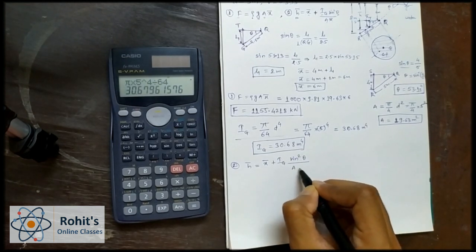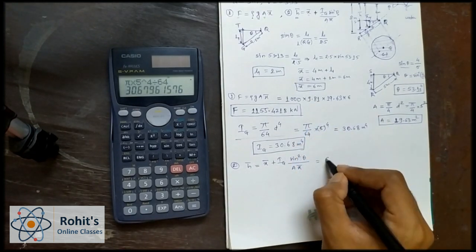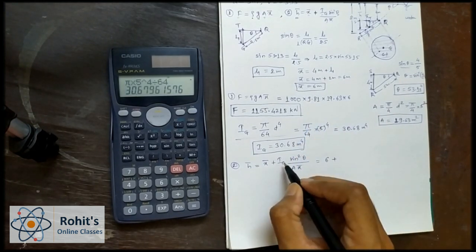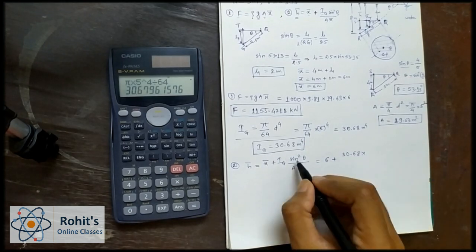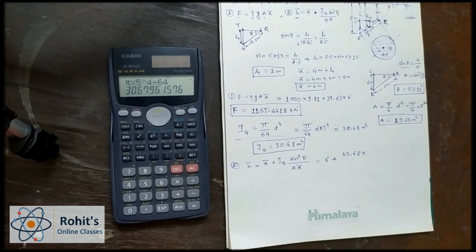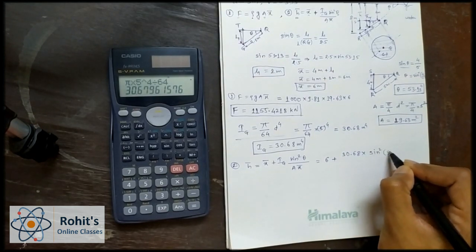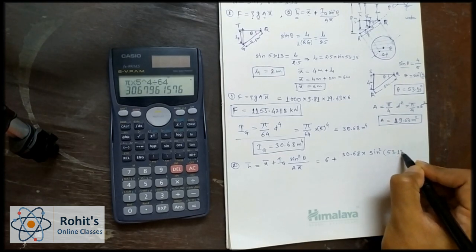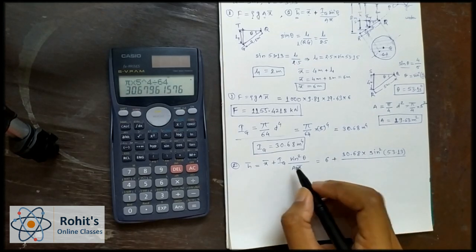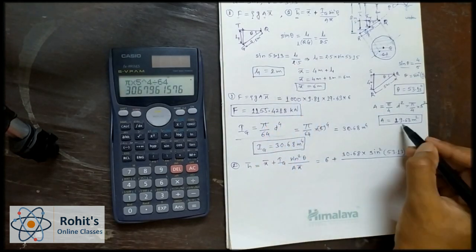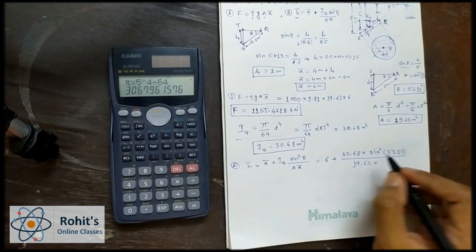X bar is 6 meters plus Ig, which is 30.68, multiplied by sine square of theta, sine square of 53.13. And this is divided by area. The area of this plate is 19.63 multiplied by X bar, again 6 meters.